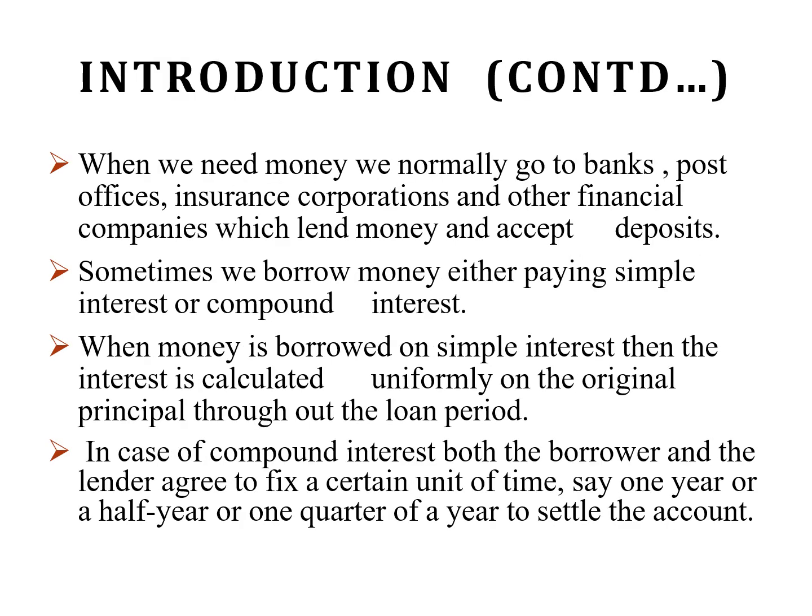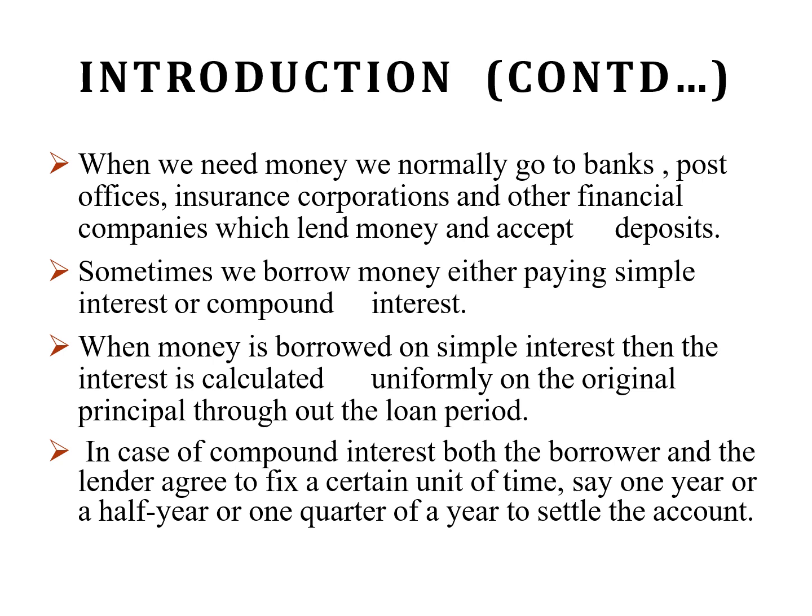Continuation part of the introduction. When we need money, we normally go to banks, post offices, insurance corporations, and other financial companies which lend money and accept deposits. Sometimes we borrow money, either paying simple interest or compound interest.